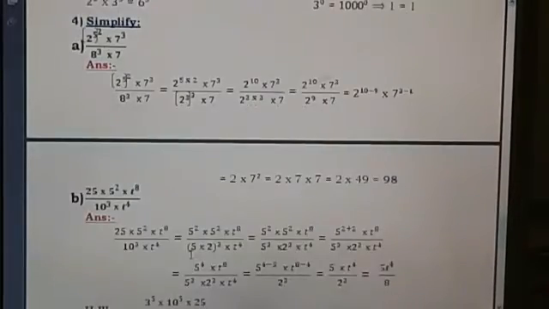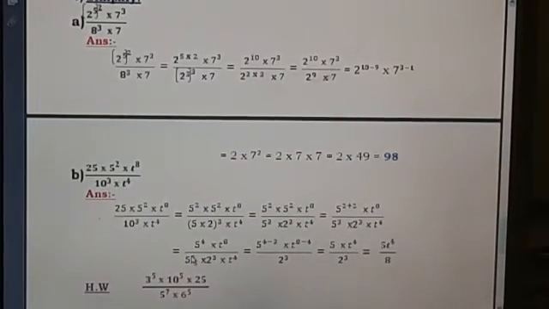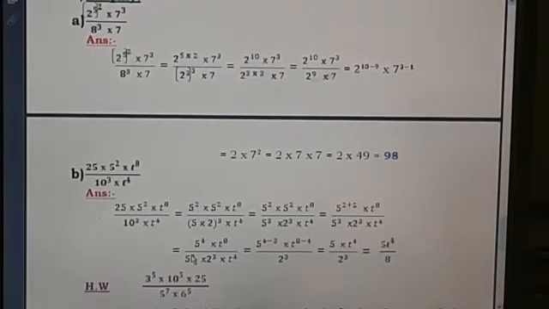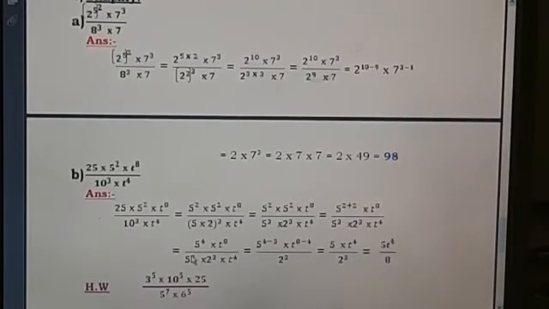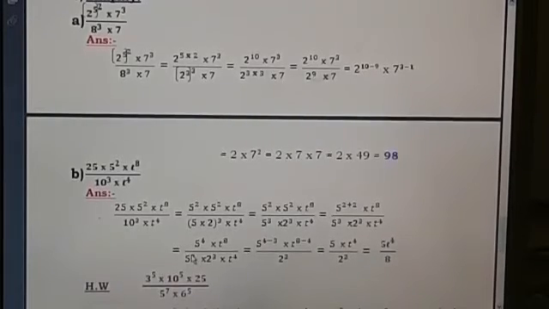Next, simplify 2 to the power 5 the whole to the power 2 into 7 to the power 3 divided by 8 to the power 3 into 7. See the question. First, in the numerator, the first term has power to the power, we have to multiply the powers. Then in the denominator 8 is there, 8 we have to convert into exponential form.